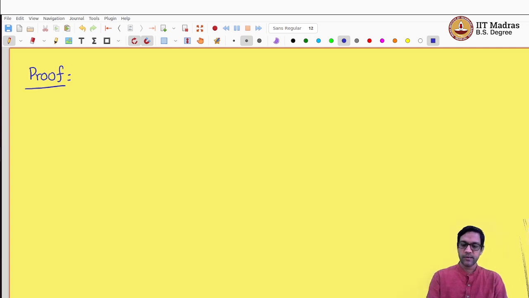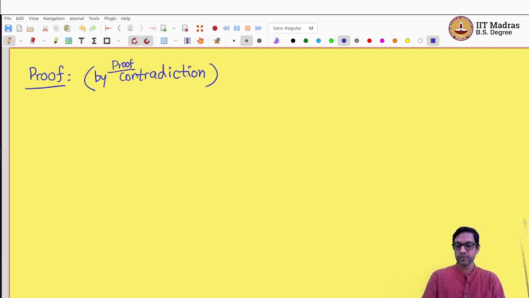Let's try and prove this by contradiction. And recall, what does that mean? When you try to prove a statement by contradiction, you assume that what you have to prove is false. So we will assume that the conclusion does not hold.